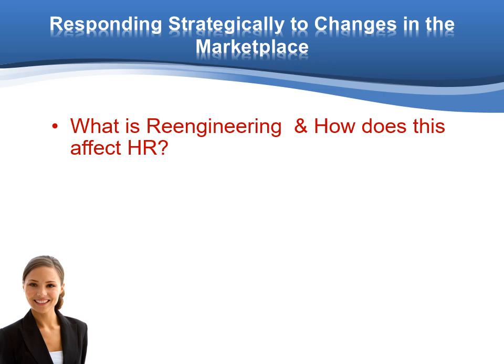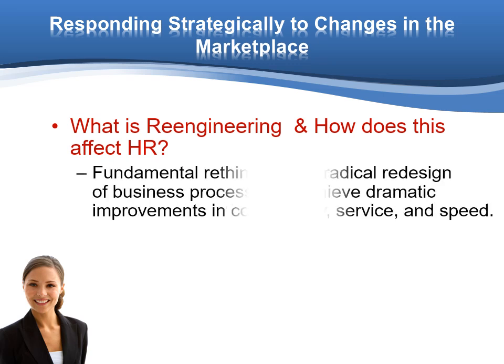What is reengineering and how does this affect HR? Fundamental rethinking and radical redesign of business processes to achieve dramatic improvements in cost, quality, service, and speed. For instance, let's say that there's always been a problem having enough workers. We can't seem to get enough help. So they bring in robotics of some kind now to help fill that gap.